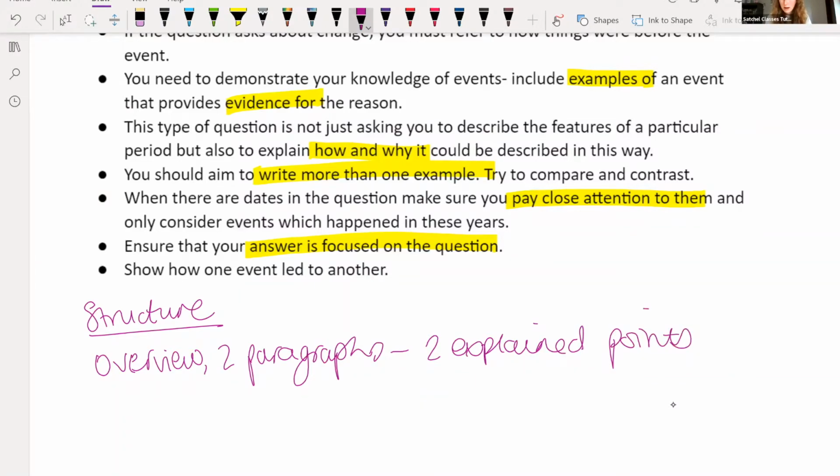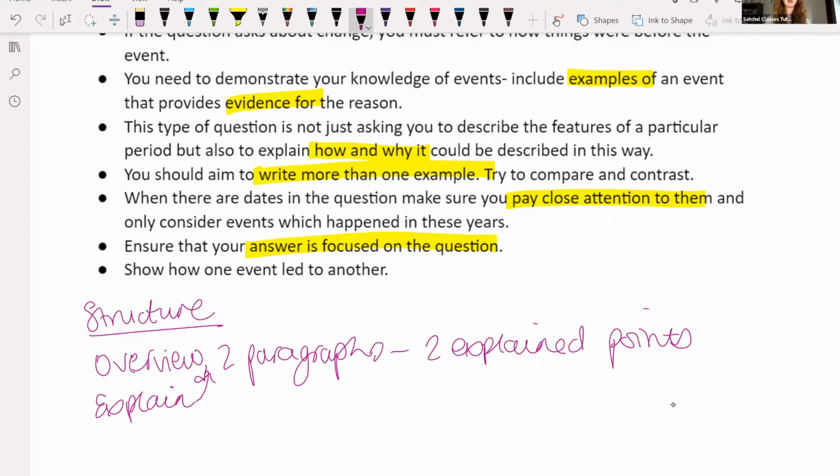So the easiest way really to think about this question, pardon me, is as the explain question, which again is on the Elizabethan or the Norman paper, paper 2. So your 2 explain points, but with that overview. It really isn't a particularly hard question, this one. It's not worded in a friendly way.